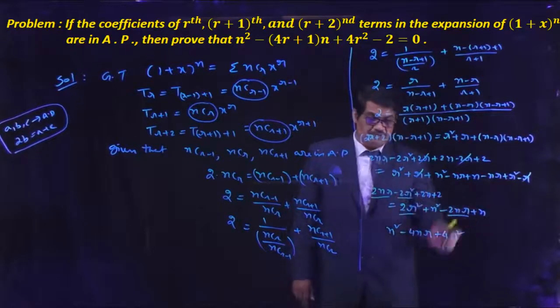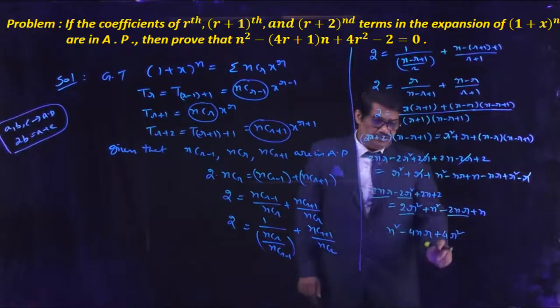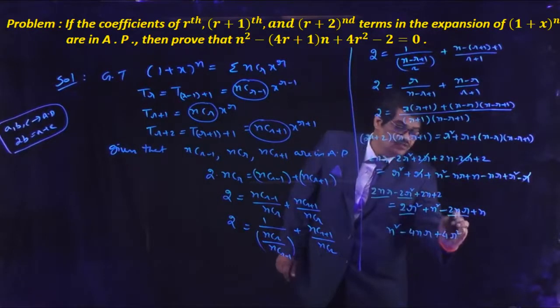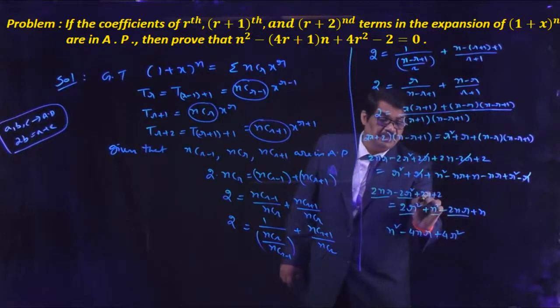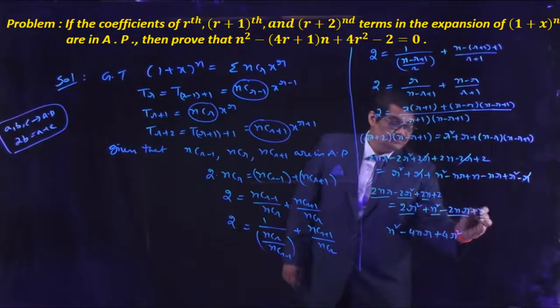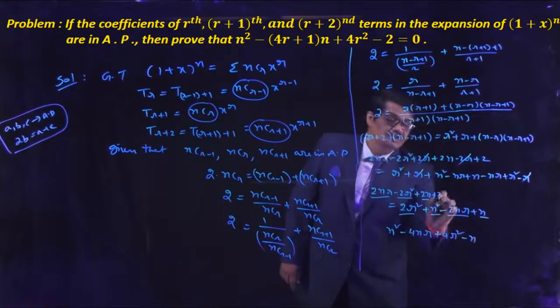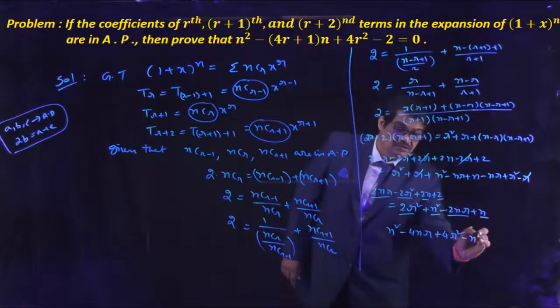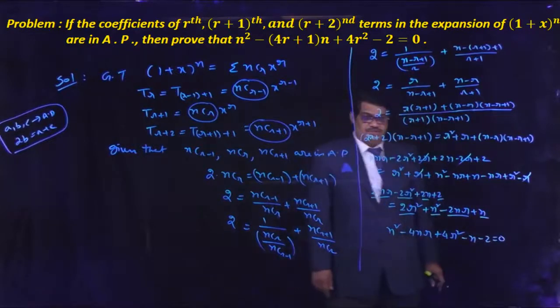Next the remaining terms: here n square, and here 2n, here n. Now n minus 2n is minus n. This 2 is moving to this side, then minus 2 equals 0.